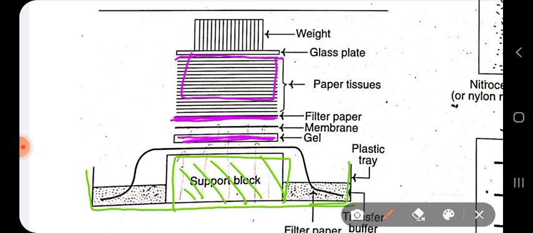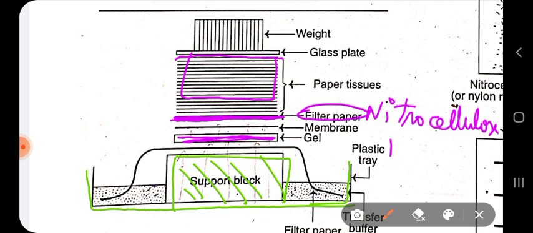This is your main filter paper, which is made of nitrocellulose or nylon, depending on what type of hybridization you are using. For DNA, we use nitrocellulose filter paper.